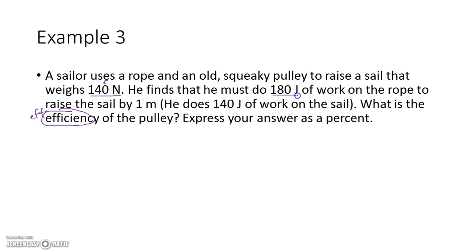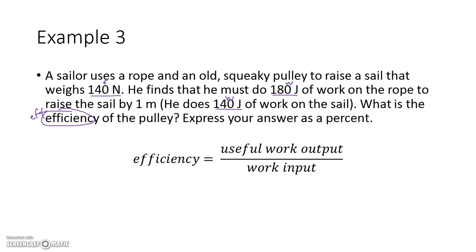This is the amount of work that he needs to do, so that's a type of work. And this is the amount of work that he does do, so that's another type of work. So the question is efficiency. Oh, and I forgot this one. I'm sorry. This would be distance, right? And we're going to raise it, so that's going to give us our direction. We've got to label everything, whether we use it or not.